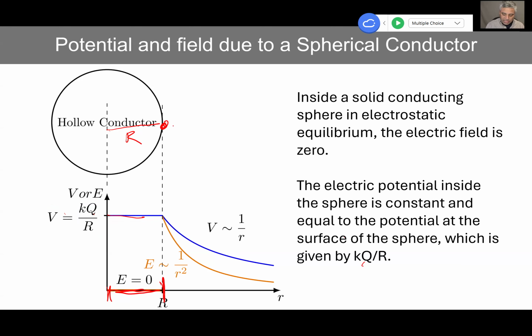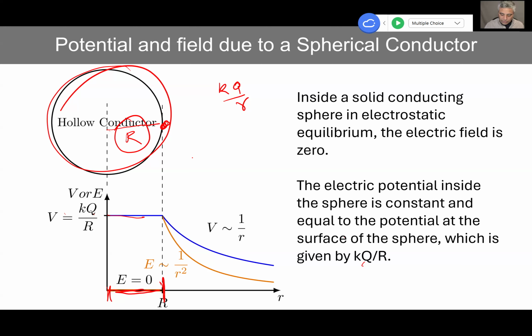But once we go outside, what happens? Now this whole thing acts like a big source point charge, and your potential is kq over r, little r, uppercase R being this conductor.